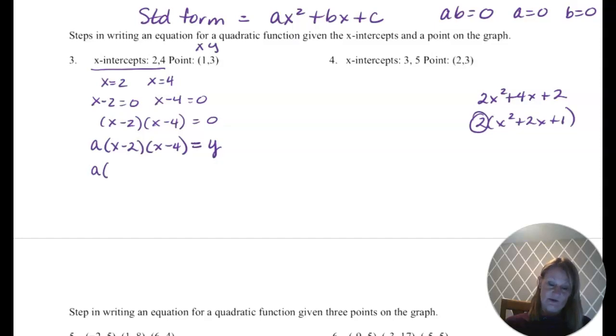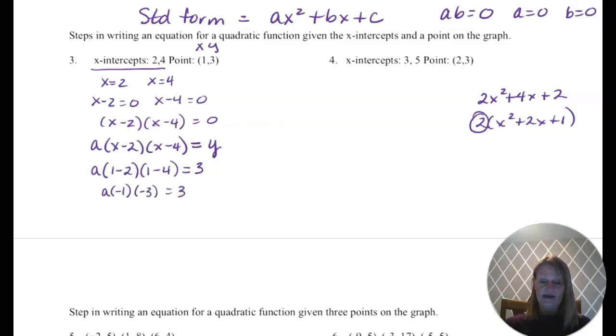So the x is 1, and the y is 3. So I just put those numbers in. So now I'm going to simplify. 1 minus 2 is -1, and 1 minus 4 is -3.